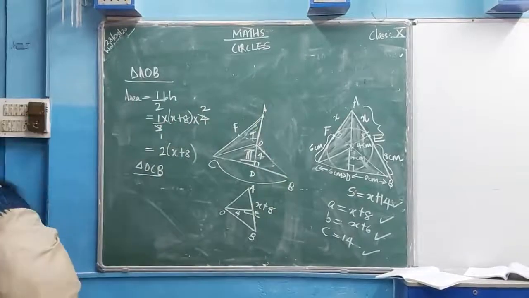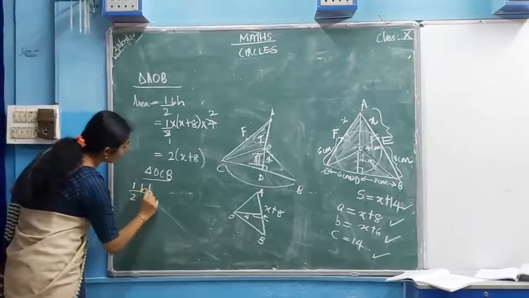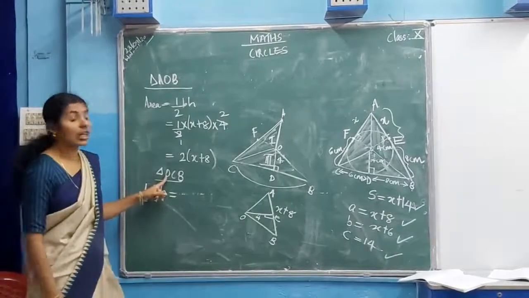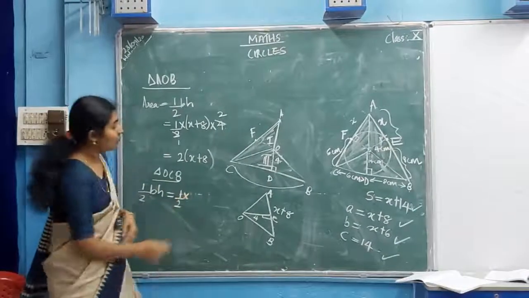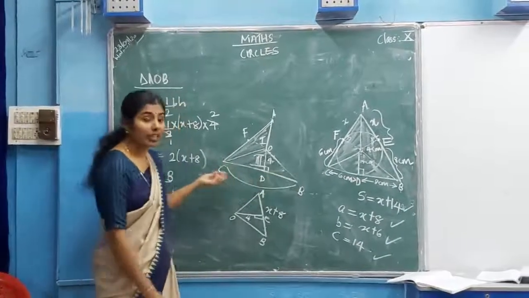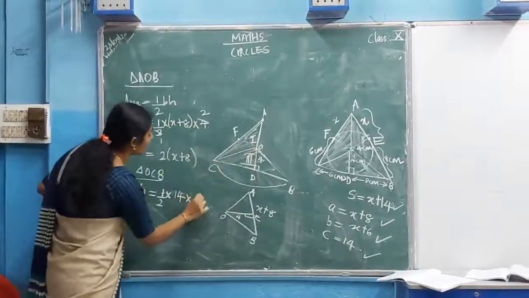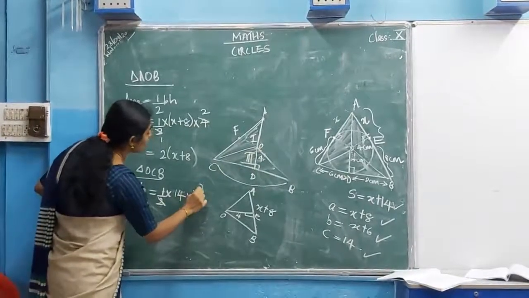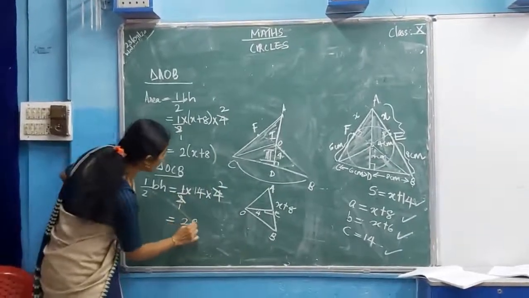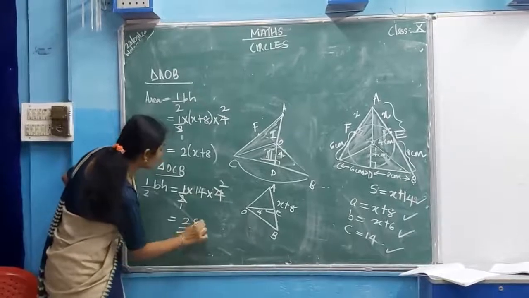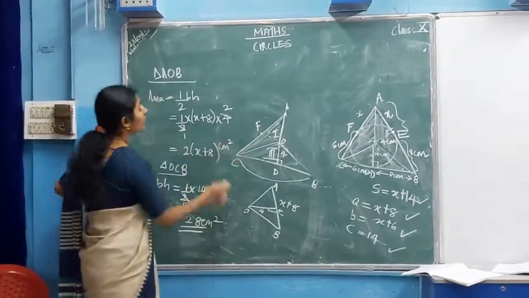So when you are applying the formula, half into base into height, what is the area of triangle OCB? Half into base 14 centimeter into height 4 centimeter. 2 and 4 when you cancel, you will get 14 twos are 28 centimeter square.